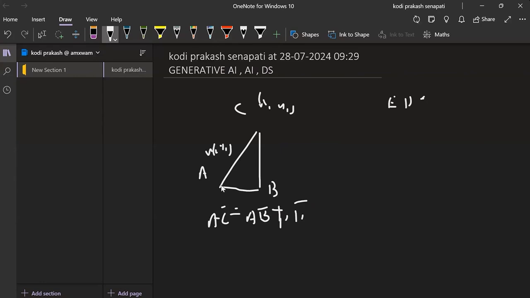Which is the shortest distance, Euclidean or Manhattan? Which is the shortest distance? Anyone? Is AC the shortest distance, or AC equal to AB plus BC? Is Euclidean distance the shortest distance or not? Guys, how come you say Manhattan?